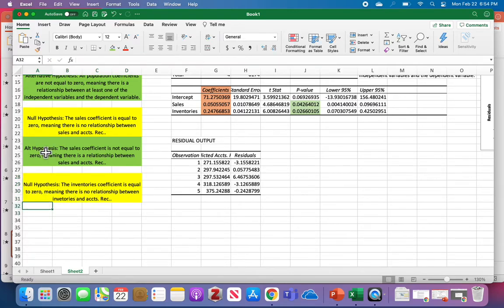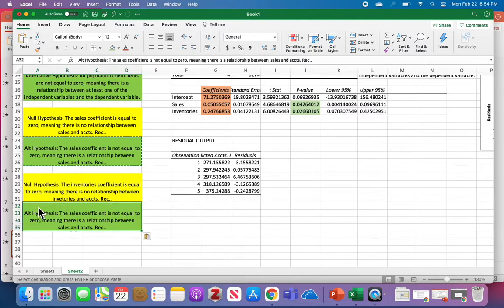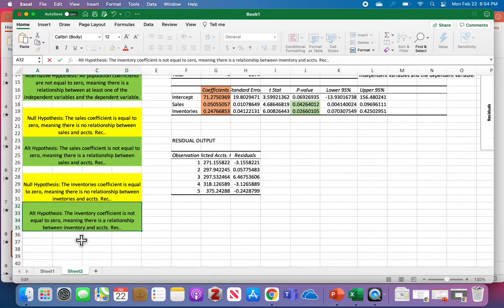And then the alternative is that the inventory coefficient is not equal to 0, meaning there is a relationship between inventory and accounts receivable.